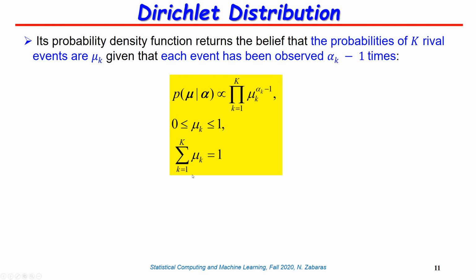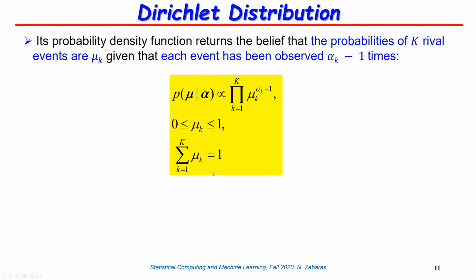This Dirichlet distribution is a probability over this vector mu, has this form, and the parameters of the distribution are these coefficients alpha k. Obviously, the same as in the multinomial distribution, the sum of these probabilities has to be equal to 1.